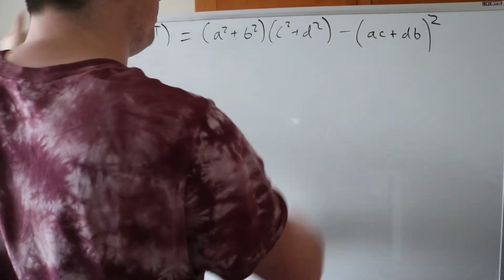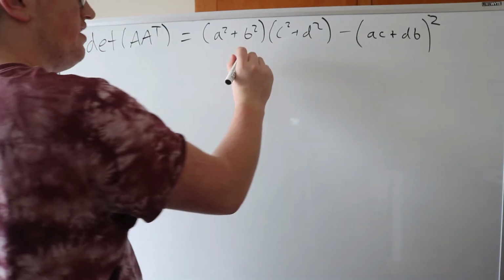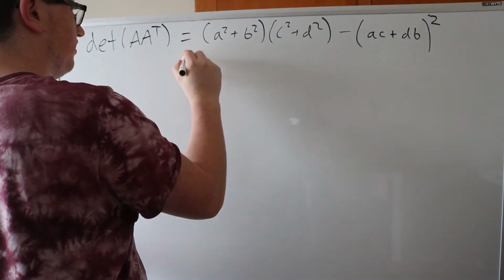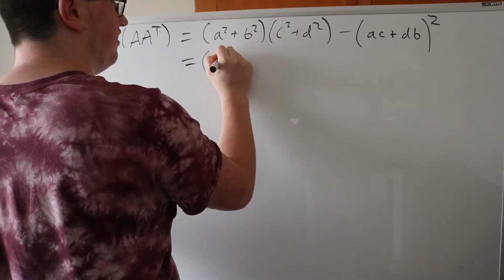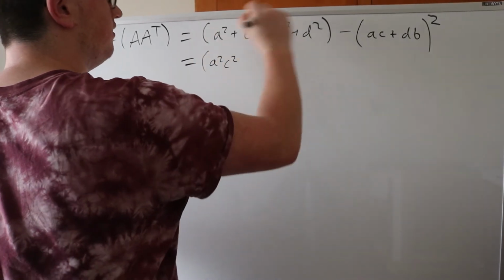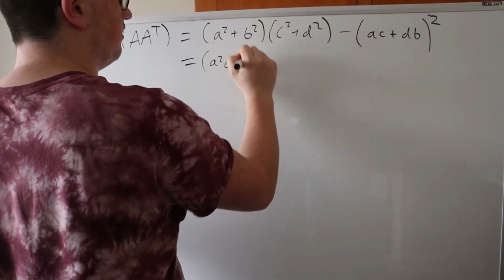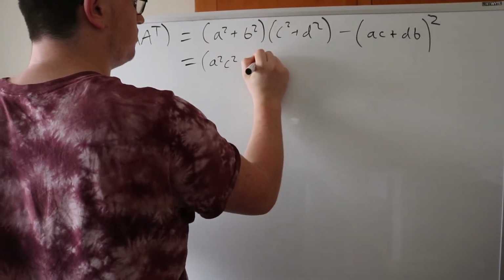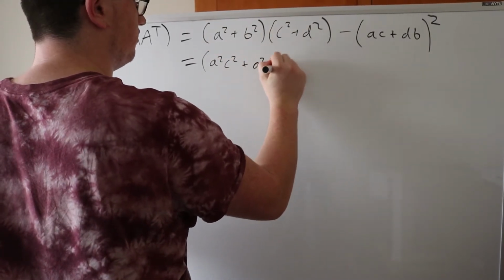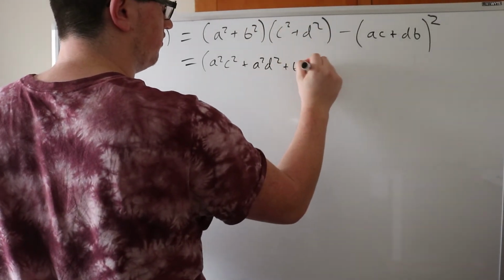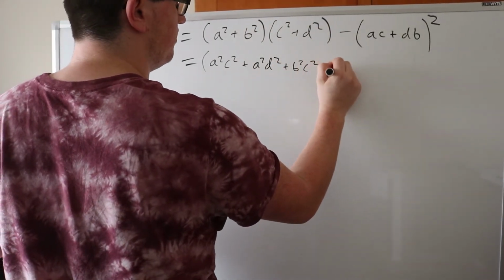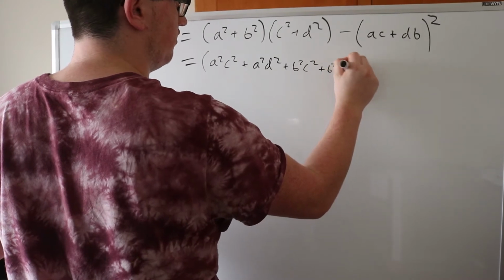Okay, so we've this, and now we can expand it. Expanding, we get A squared C squared, plus A squared D squared, plus B squared C squared, plus B squared D squared.